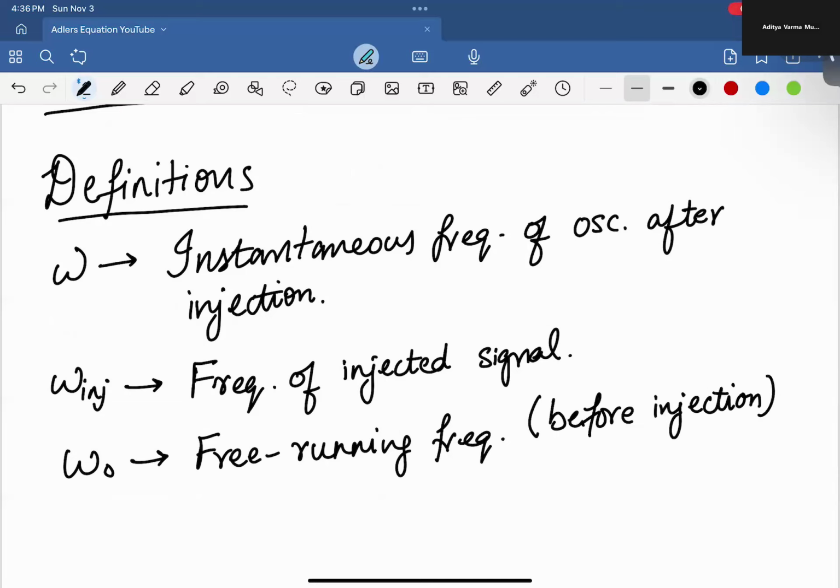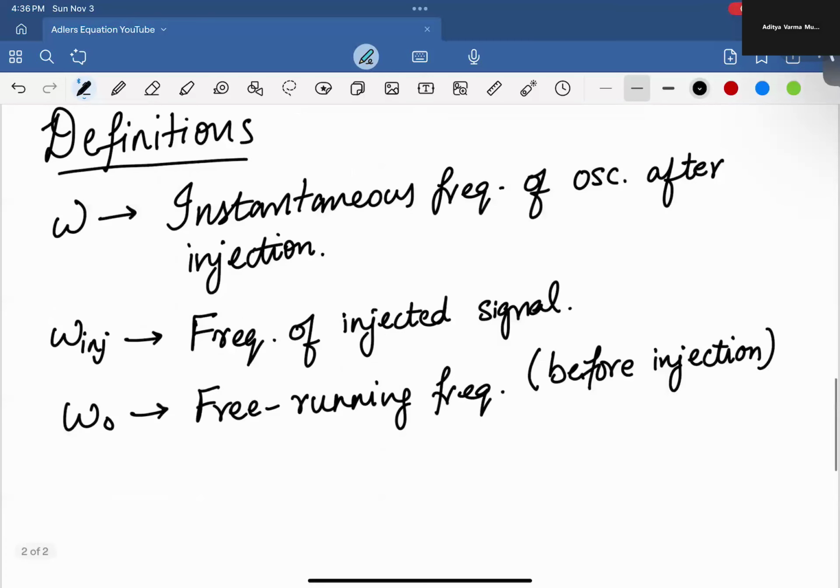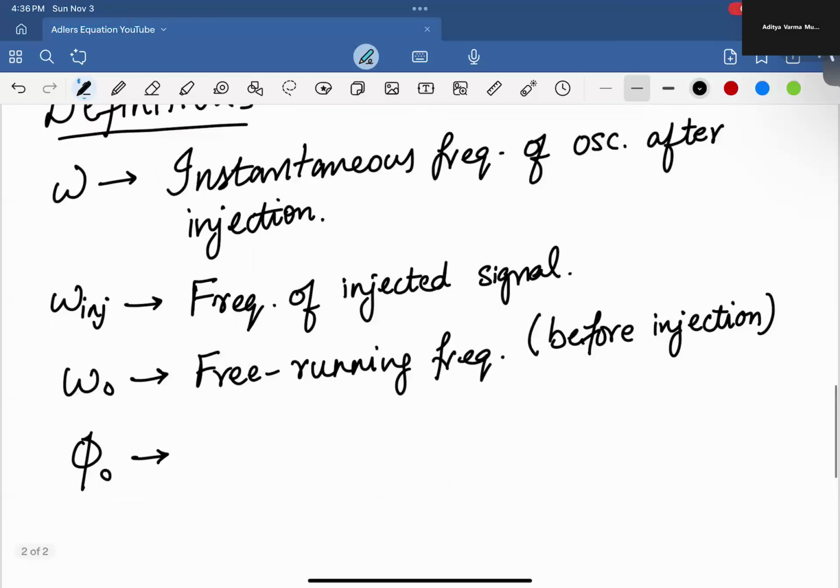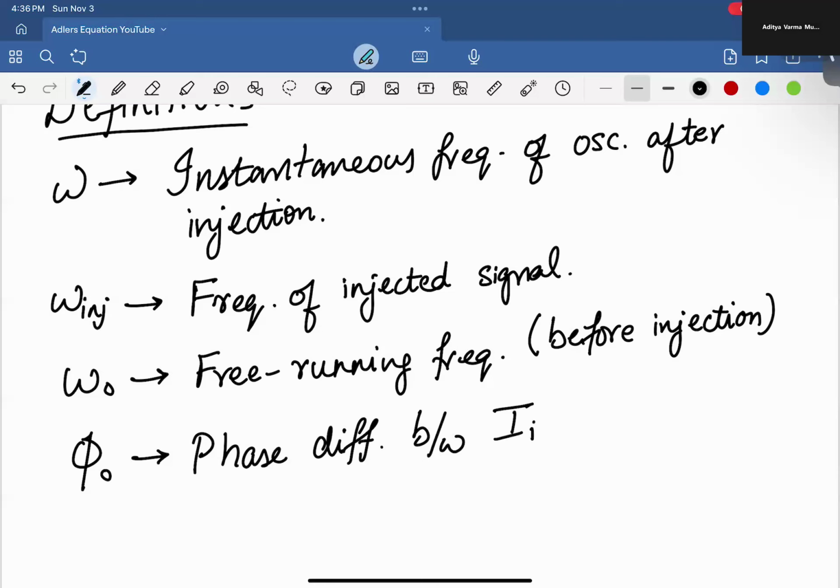Okay. Then phi naught is the phase difference between the vector of IT and vector I oscillation.